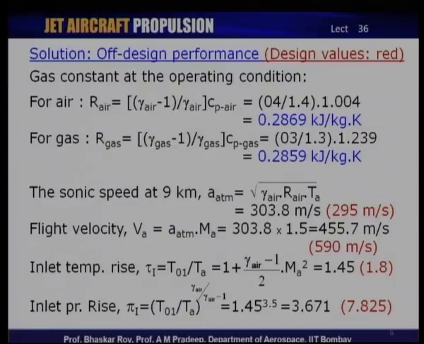This ram pressurization is now 3.671 for the off design operating condition, which at design point was much higher at 7.825. So, as we can see, there is a big difference between the design point and the off design ram pressurization, or the ram effect that is happening across the intake of the engine. So, with these values we can move forward to calculate some of the other values of the engine.